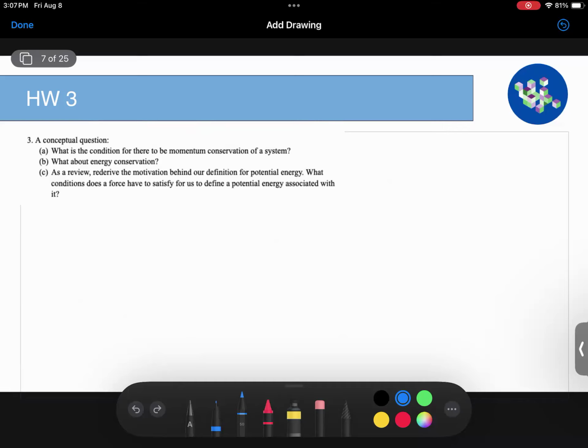But remember, for momentum conservation you need dp equals F dt equal to 0. For energy conservation, remember we defined what potential energy was. As long as you have only conservative forces, then you can define a potential energy, which means you can have energy conservation. So that basically answers both parts B and C.